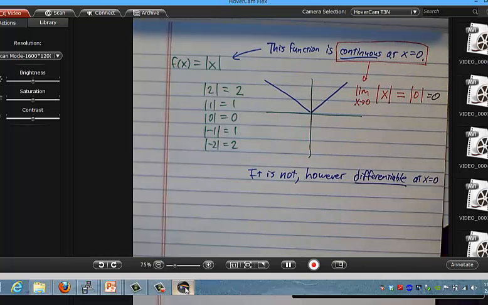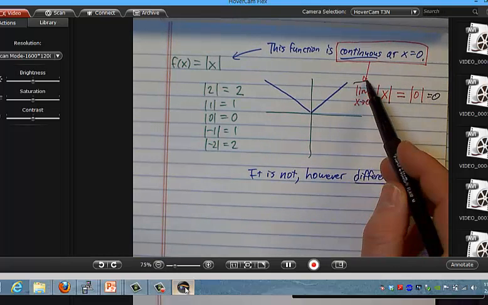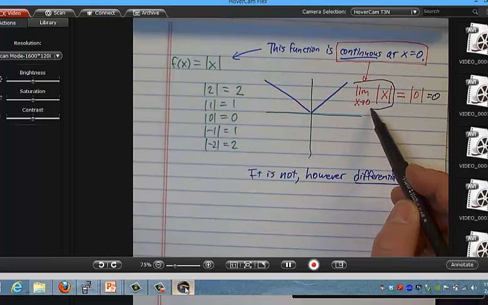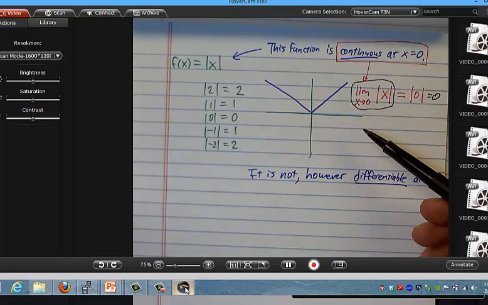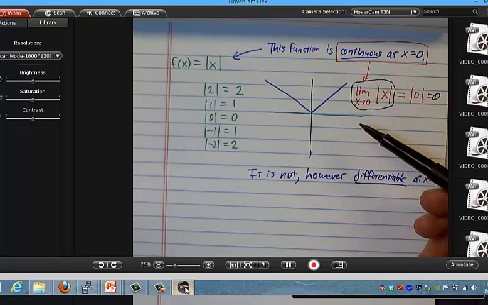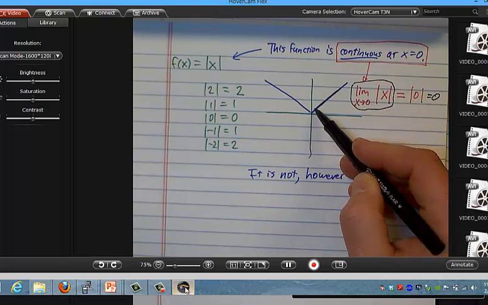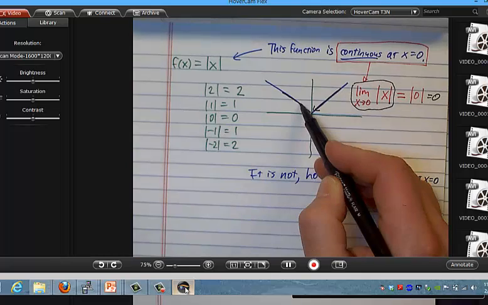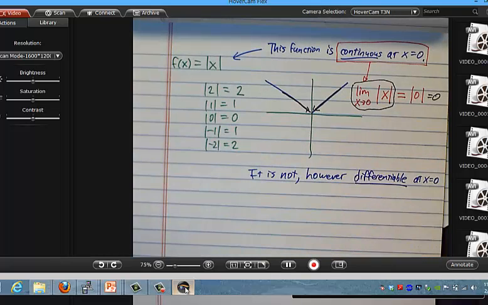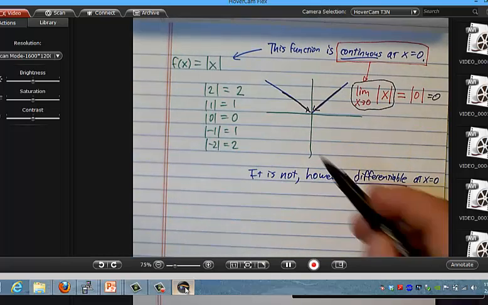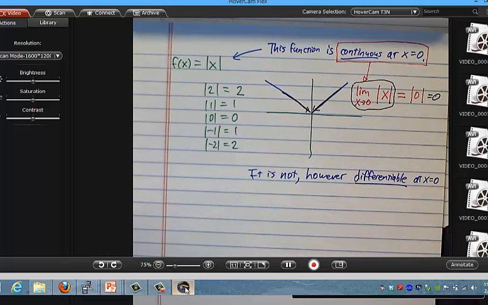Okay, you know that. Would you agree that the limit exists? Remember, for the limit to exist, we had to talk about the right-hand limit and the left-hand limit. From both sides, are we getting closer and closer to 0? Yeah, so it's continuous. You could draw it without picking up your pencil. But it is not differentiable.